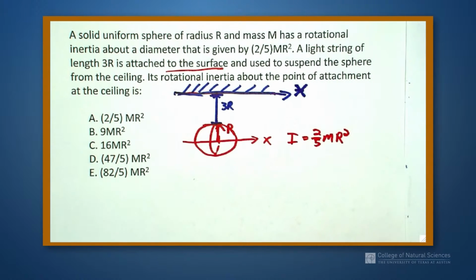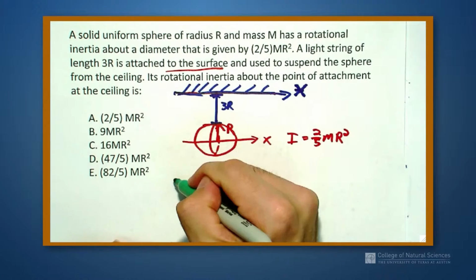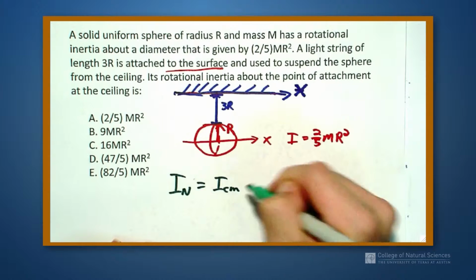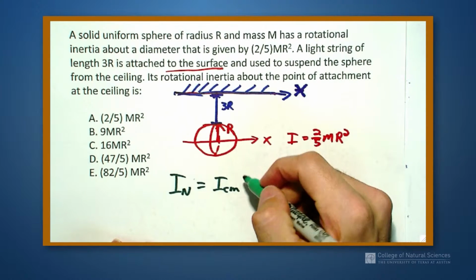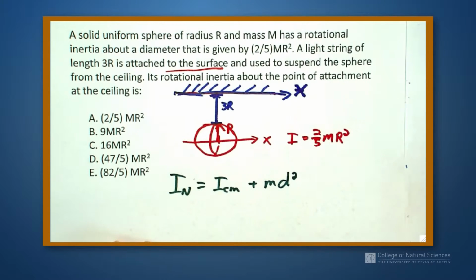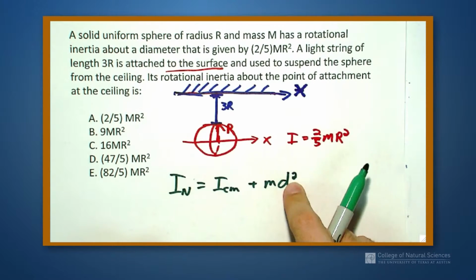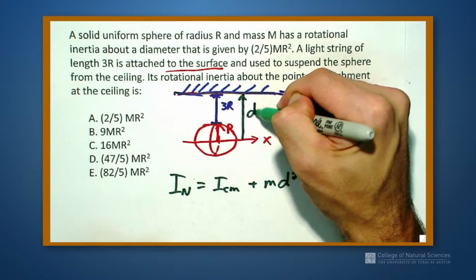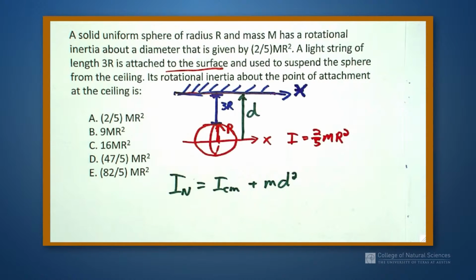I'm going to use the parallel axis theorem, which says that my new moment of inertia is going to be my center of mass moment of inertia, this guy, plus m times d squared, where d is how far I move the axis of rotation. So my d is that length right there.